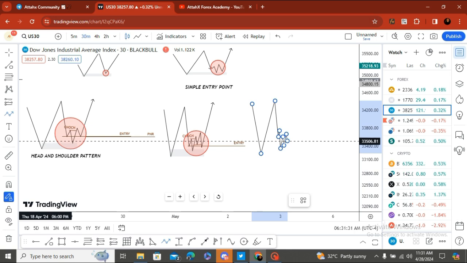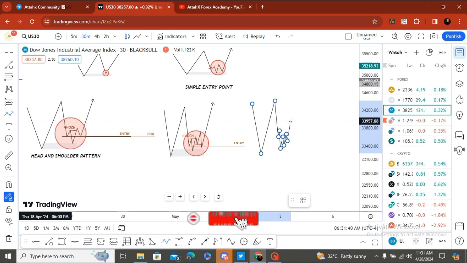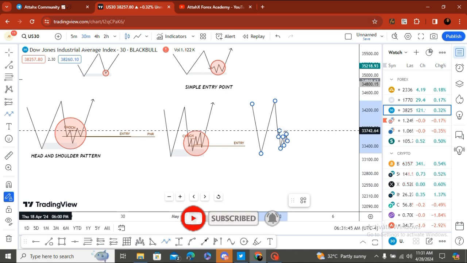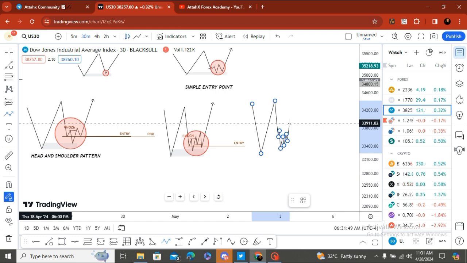Now, how do you validate if this trade is going to go in your direction? The first thing you are going to wait for is a momentum, a push of price to the upside that breaks this high with force, right? That's making it cause a change of character. Now that momentum is what is going to validate this particular pattern. There must be a momentum to validate this pattern.